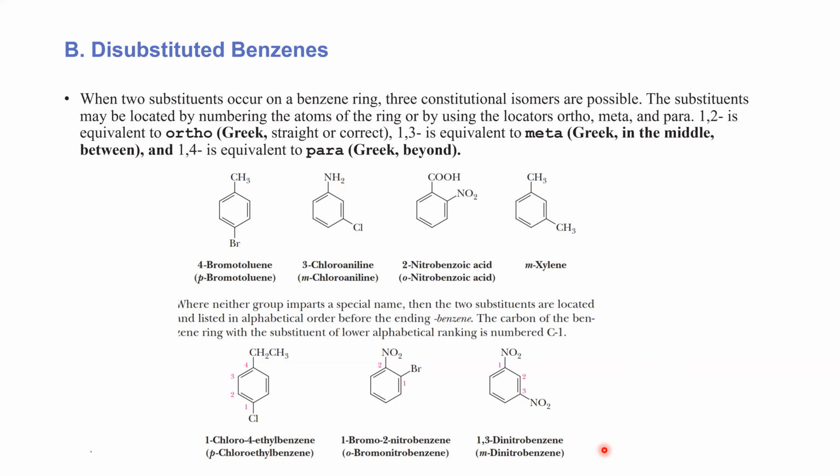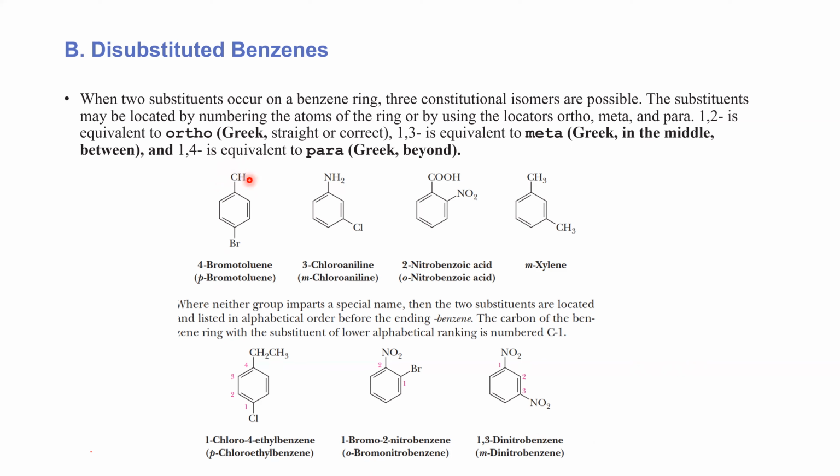So you should know what para, meta, and ortho refer to. The main reference substituent is always taken as the first position on a cyclic structure, because in a ring every position is equal unless other substituents decide which one takes preference.